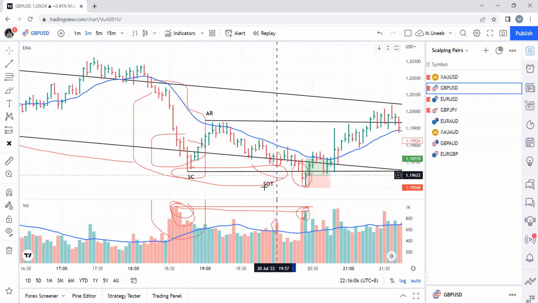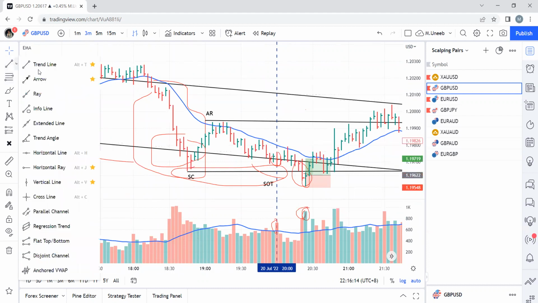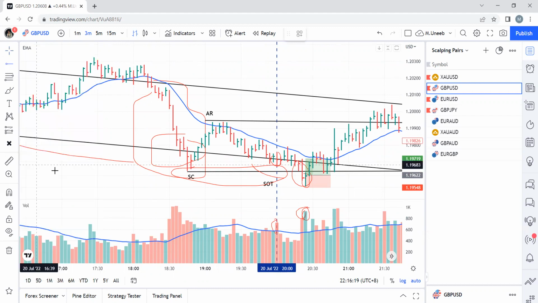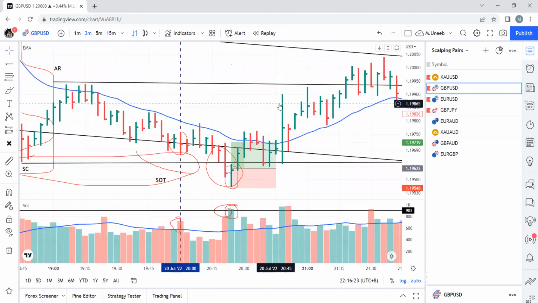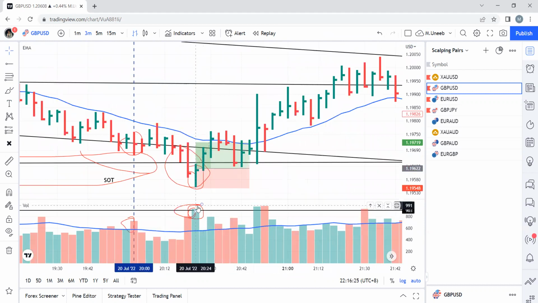So how do we know that the volume is high or not? What I suggest is that at the selling climax, right over here, the average volume of the selling climax is like this. This is the average volume. So the selling climax volume and this key reversal volume: is the key reversal volume equal, higher or lower than the selling climax volume?